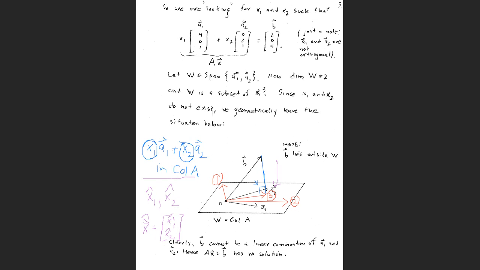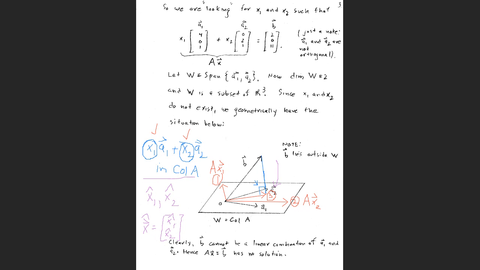All of these vectors here, like the vector 1 here, is equal to A times some vector x1. The vector 2 is equal to A times some vector x2. Okay, the x2 vector would be some vector with values x1 and x2.